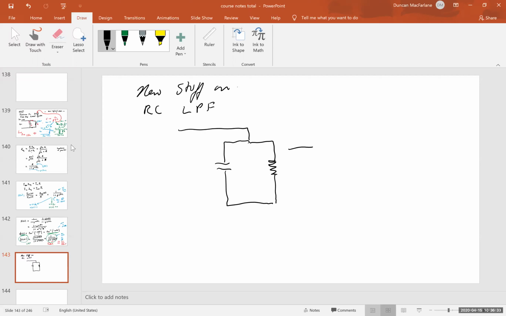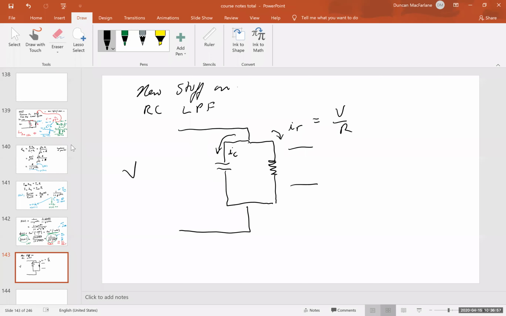So here's my output, and the current that flows through this resistor is equal to V over R. And here's my capacitor.